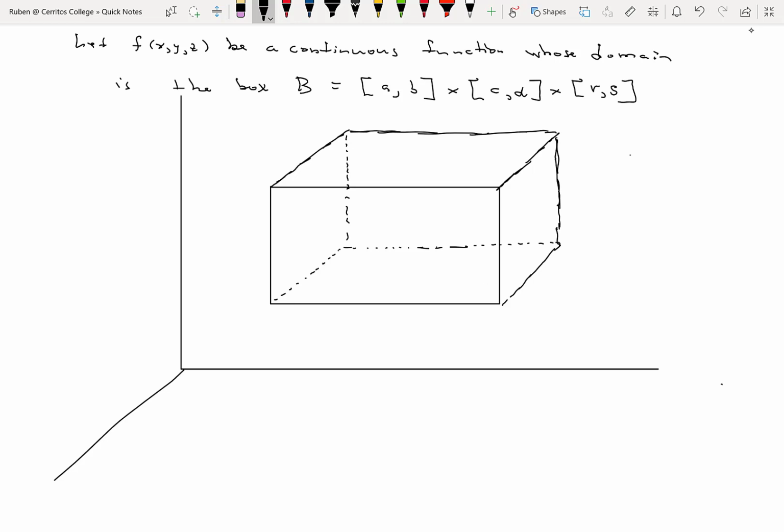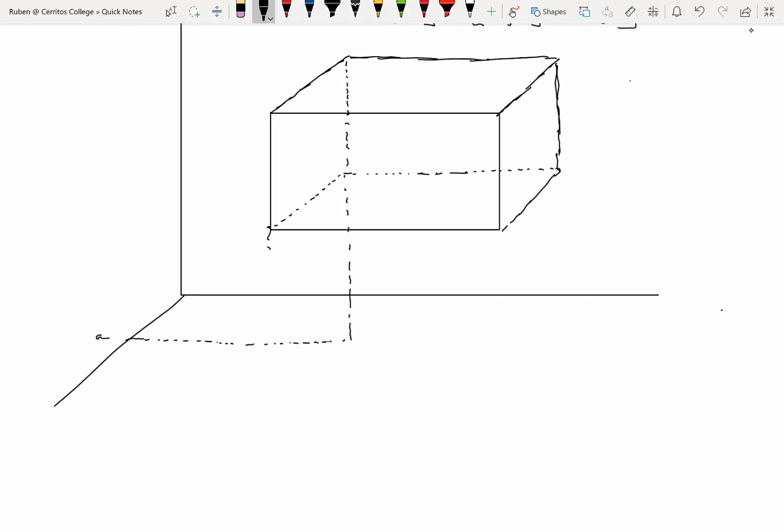So I'm going to come down to the XY plane, and I'm going to draw the projection of the box in the XY plane. Here's A. And come down to the box here. Here's B. So I'm going to continue down to the XY plane.